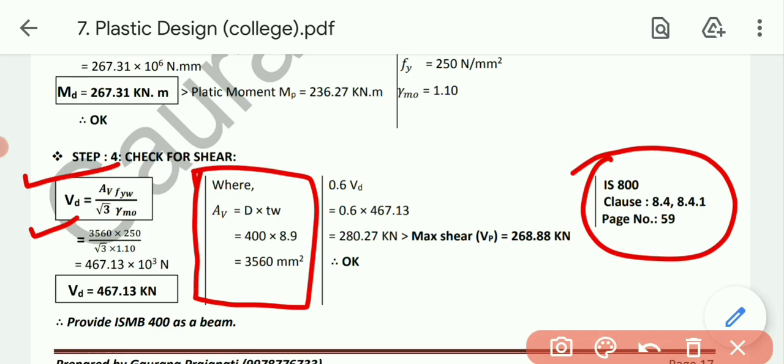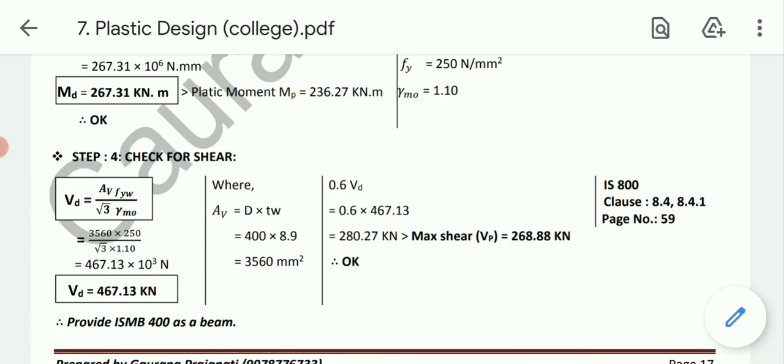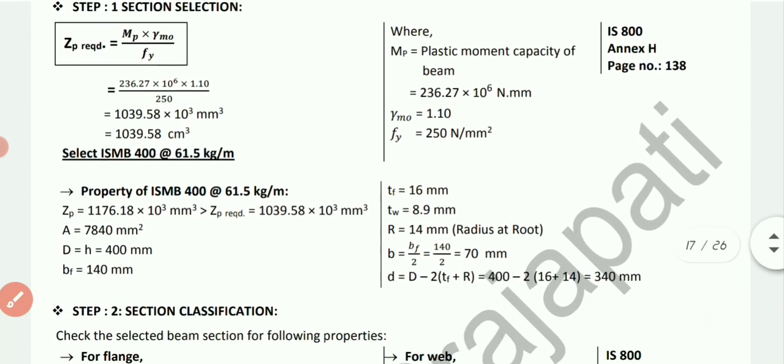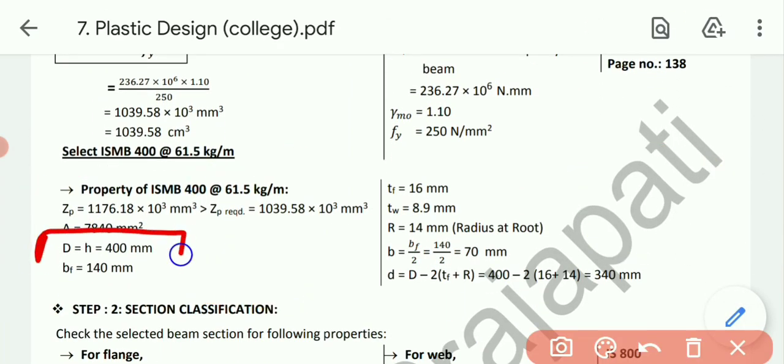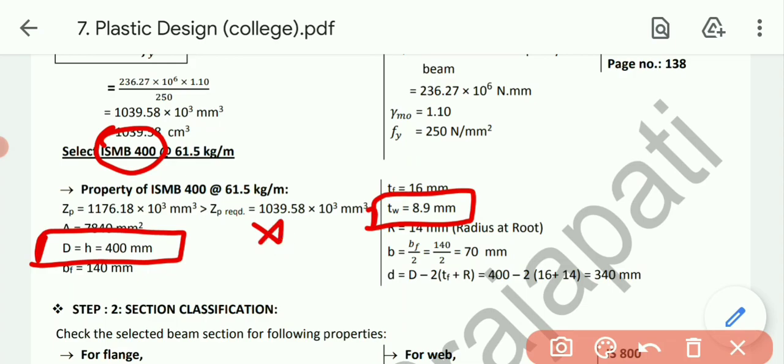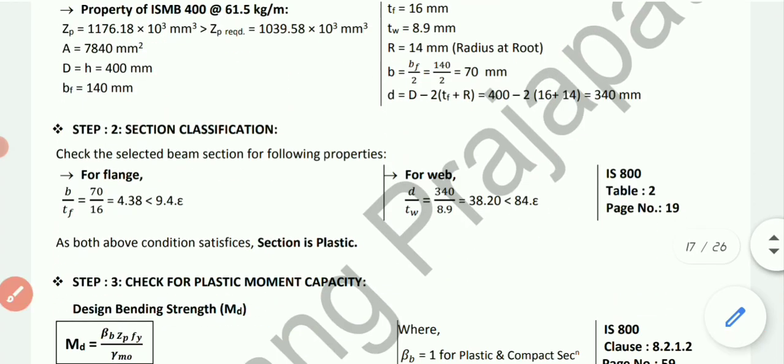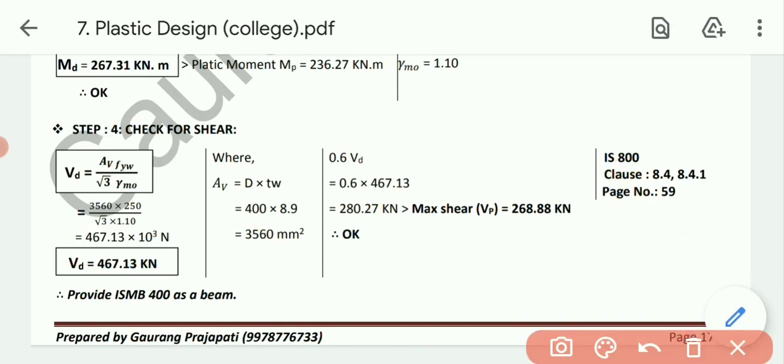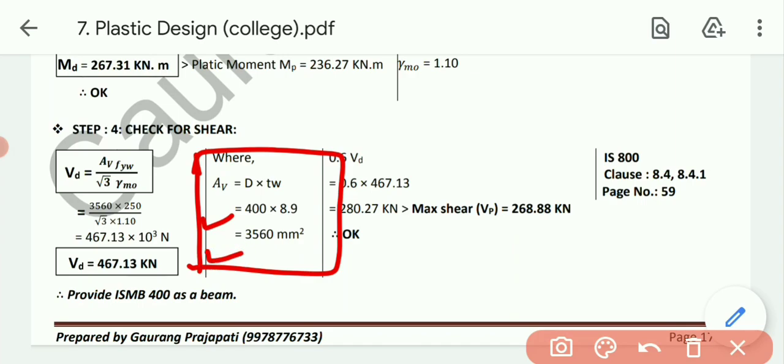For a rolled section, the shear area is always taken as capital D multiplied by tw, where D, or H, is the height of the section which we have selected, that is 400, and tw is 8.9. Multiplying these two, Av is 400 multiplied by 8.9, so we got 3560 mm square.